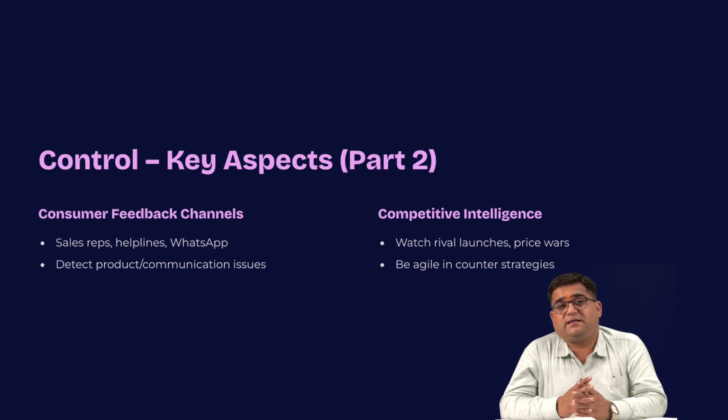The fourth factor is maintaining competitive intelligence. Control also means monitoring the activities of competitors in rural markets. New entrants can emerge, whether it's a local entrepreneur offering a low cost alternative or a multinational corporation launching an aggressive rural campaign.